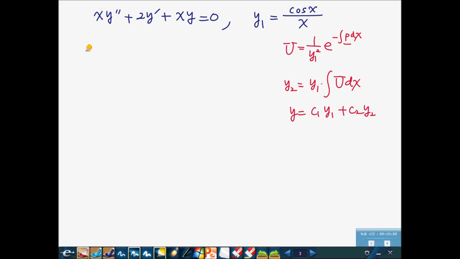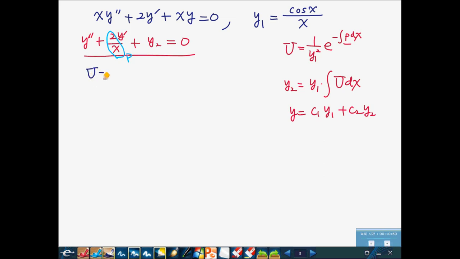Then you have to transform it into y double prime plus 2y prime over x, you divide everything by x, right? And that will be your standard form, right? Then your p is this, right? That's your p.